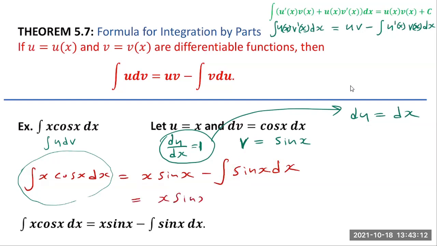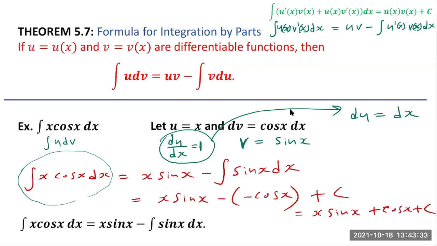x sine x minus the integral of sine x, which is minus cosine x, plus c. Of course, you should have a constant. So that is equal to x sine x plus cosine x plus c. That's your final answer, and that's how you use integration by parts for a product.